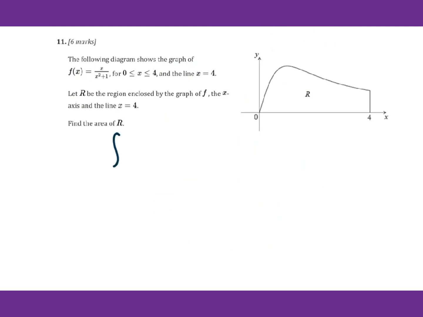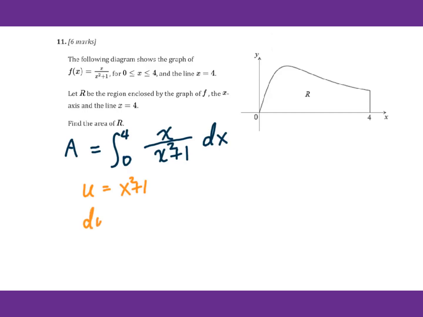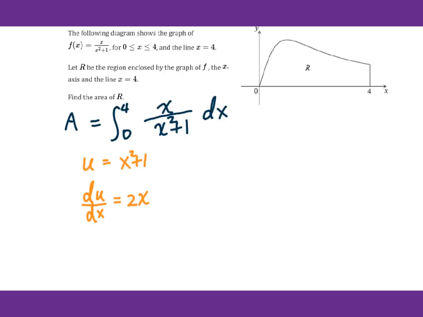So we do the integral. That will be the area from 0 to 4, a definite integral of x over x squared plus 1, then dx. We use u equals x squared plus 1. Then du by dx equals 2x. Since in this integral we only have x, we divide by 2 on both sides.